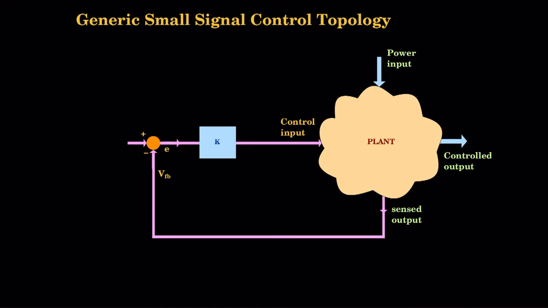regular control. See, in the case of a transfer function based control, this K here is a dynamic block, K here is a function of omega. In the case of just output control, output feedback control, also K can be a function of omega. But in the case of full state feedback control, K is purely a gain.